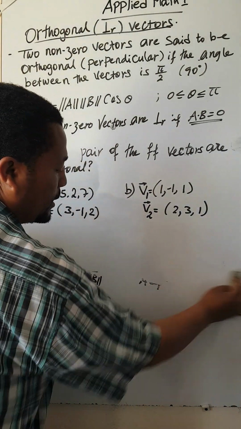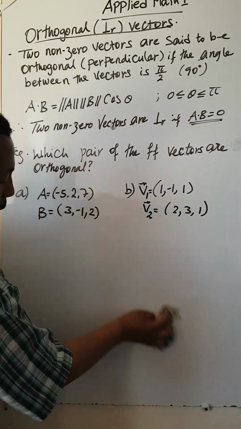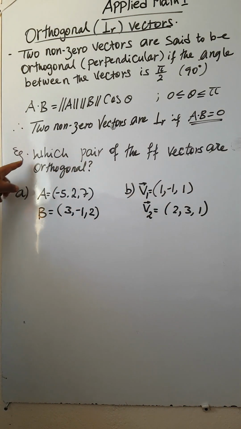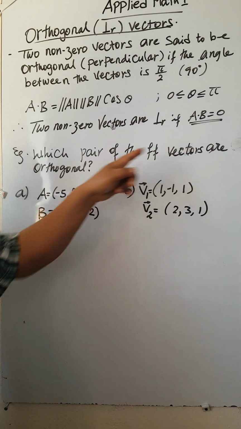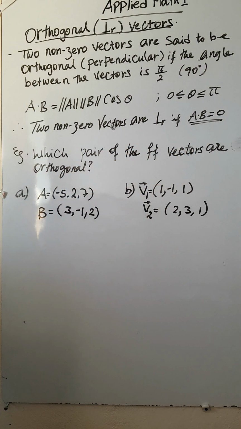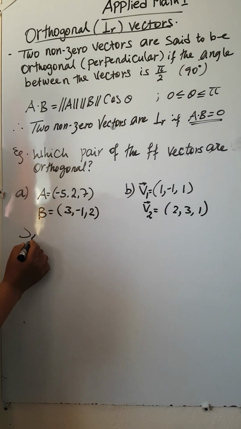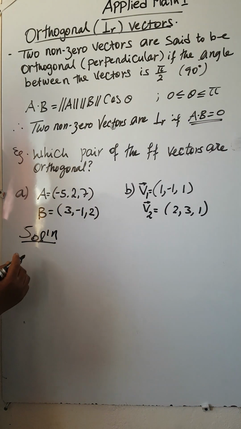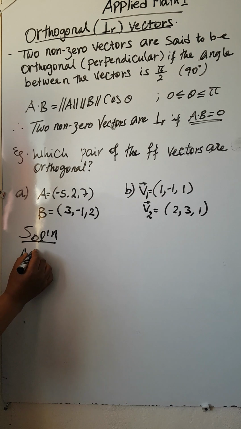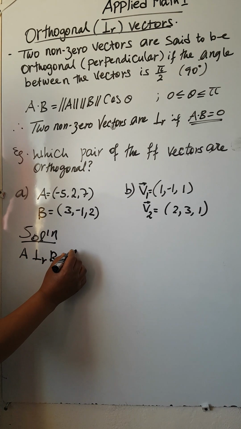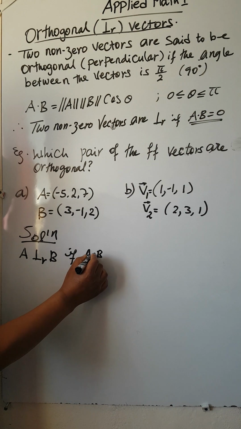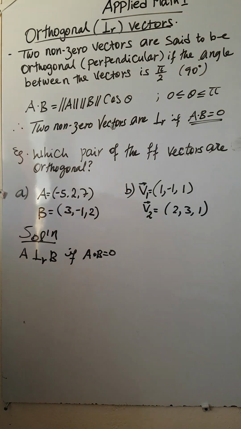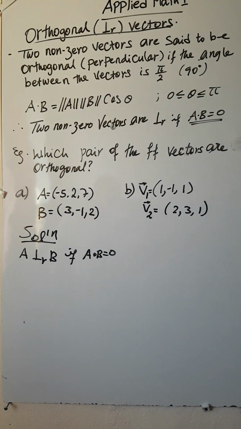ስለዚህ ይሄን ከተመለከትን ሲምፕሊ ቬክተሮቹን ለመለየት አሁን እዚህ ኤግዛምፕሎች አሉ። ኦኬ which pair of the following vectors are orthogonal የሆኑት የትኞቹ ናቸው? a እና b አለን። ሶሉሽን a is perpendicular to b if a dot b is equal to 0. Okay, a is perpendicular to b or a is orthogonal to b if a dot b is equal to 0.